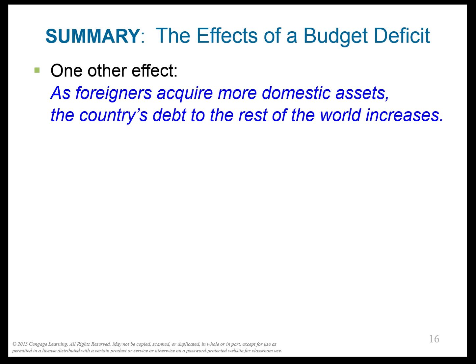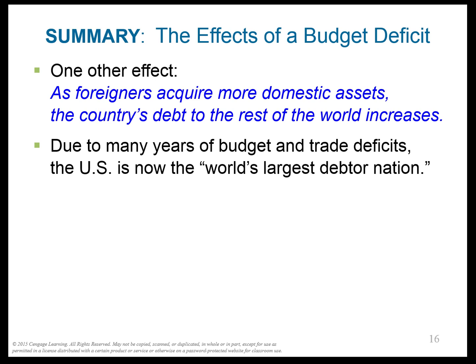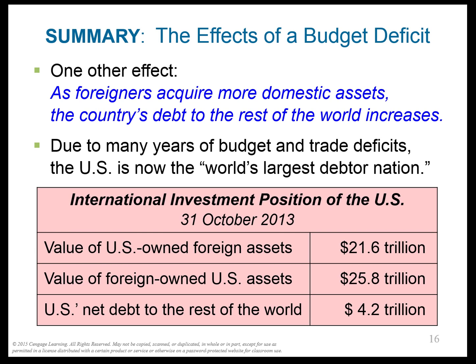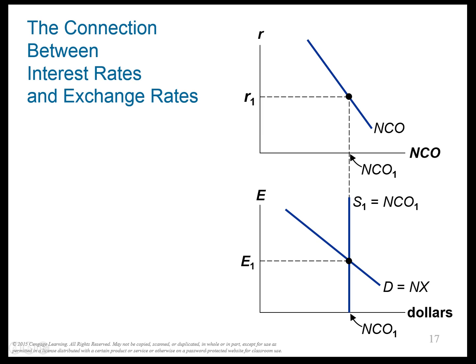So basically we're selling off stocks and bonds to pay for our imports, okay? And due to many years of this going on, the United States is the world's largest debtor nation, right? I showed this to you guys last chapter. We owe $4.2 trillion total to the rest of the world.